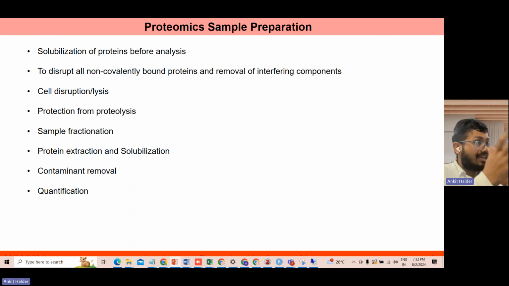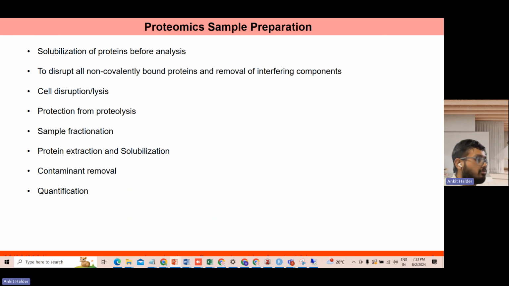The next thing that is very important is the different quantification methods that we need to perform before going for further analysis, to know how much to load in the gel. If we want to compare samples, as I mentioned, like the disease condition and the healthy condition, then we definitely need to keep in mind a comparative analysis.